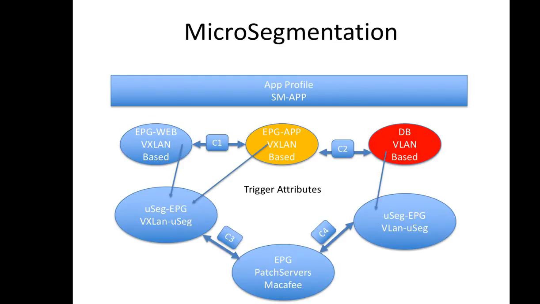To understand what micro-segmentation is, you have set up microsegment EPGs on the same app profile where you have your other EPGs, and then you trigger some attributes on the VMs which make them move to the microseg EPG.